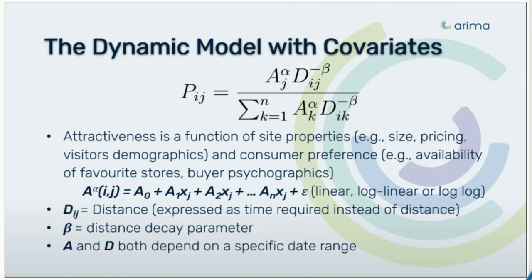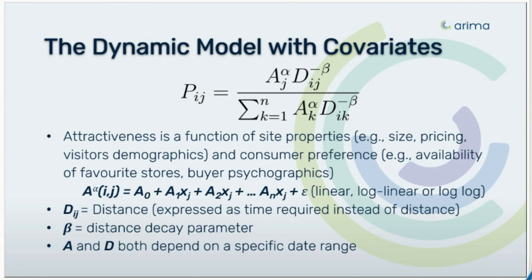As well as consumer preference. As a consumer, what do you like? Does this location have your favorite stores? What's your buyer psychographics? Are you into things like organic food, or certain ethnic products, and does that particular store match your buyer psychographics?